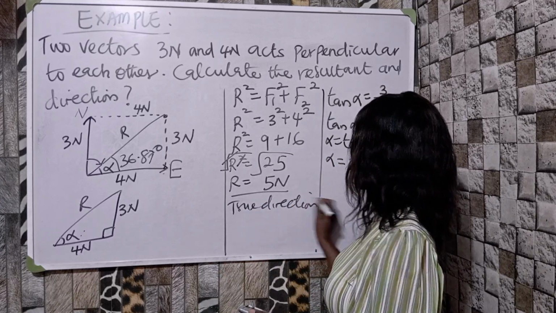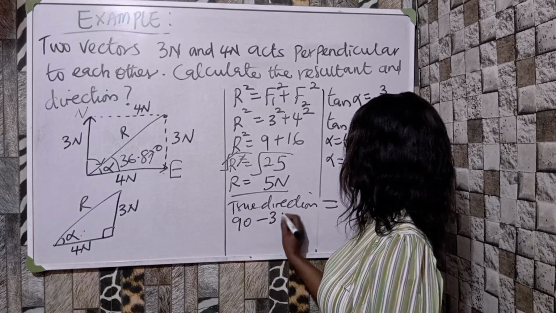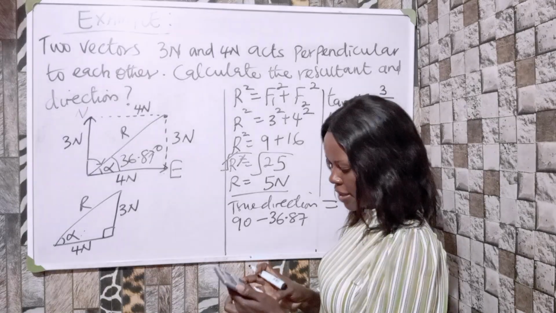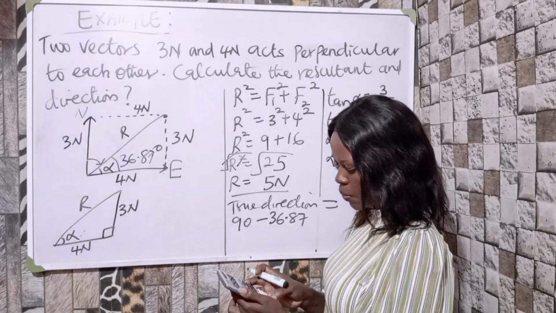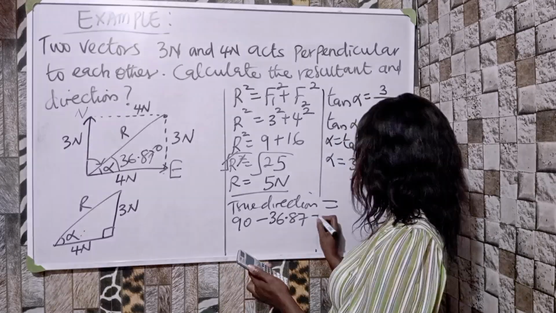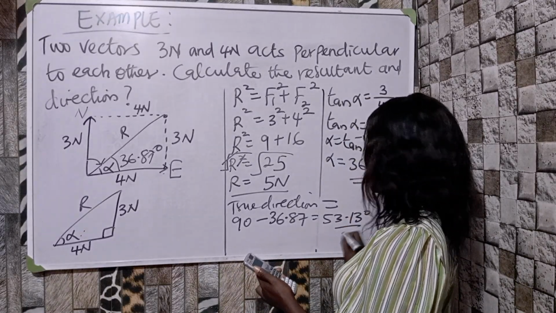So therefore I will say true direction is equal to 90 minus 36.87, which is going to give me 53.13 degrees.